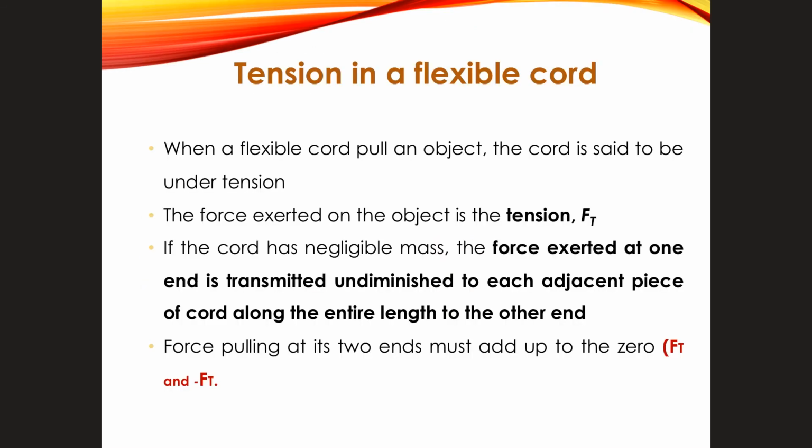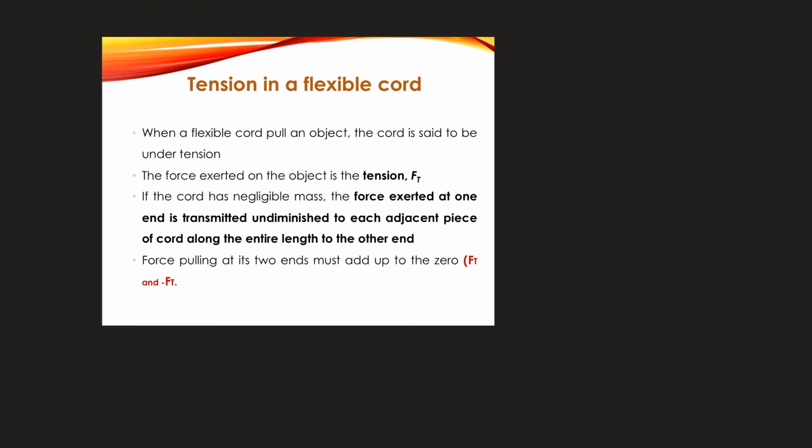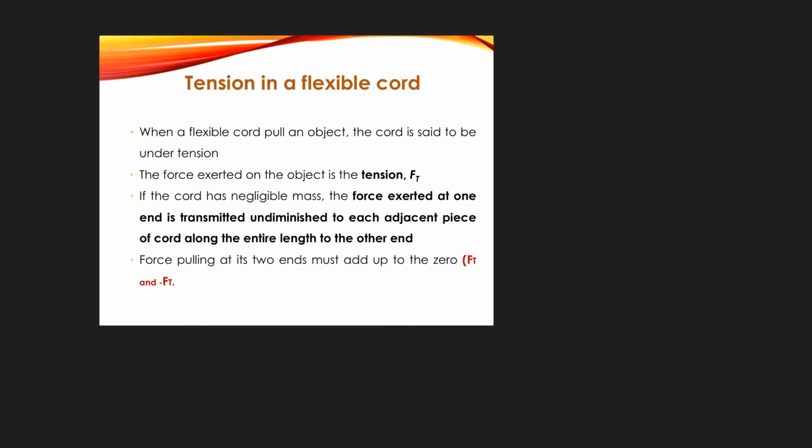Now we move on with another force. Before this we discussed gravitational force and normal force. Now we discuss tensional force. When it comes to tensional force, if the cord or rope has negligible mass, it means that the tensional force will be distributed equally, so this side and this side will feel the same force.